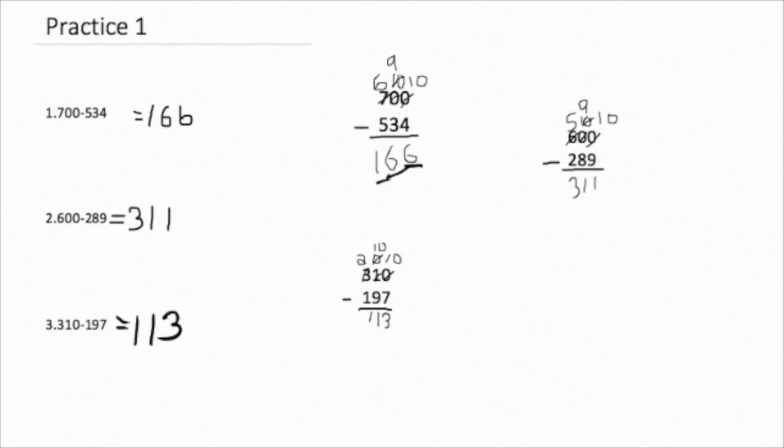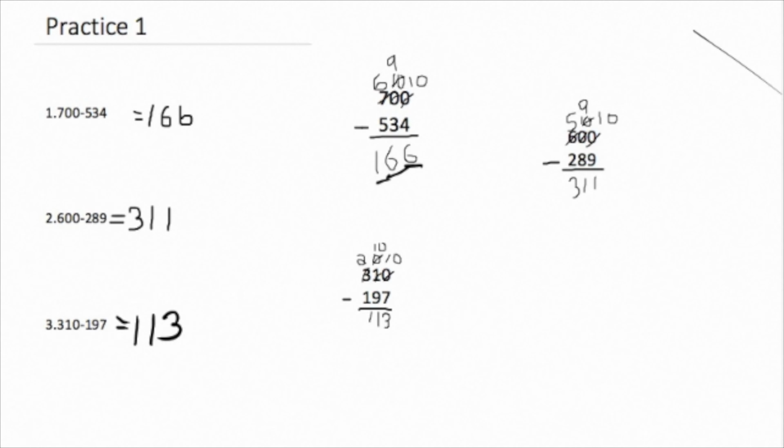Next, 0 minus 9. We can't do it, so we have to take 1 from the hundreds place, make this 3 a 2, make this 0 a 10, and then subtract 10 minus 9 equals 1 again. 2 minus 1 is 1. 113 is the final answer.